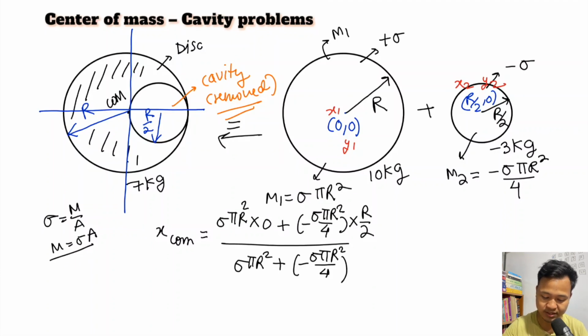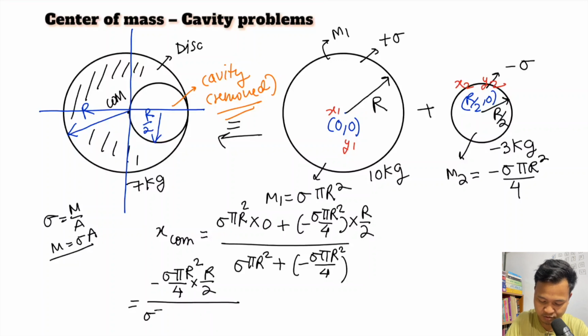So you solve this, what will you have? In the numerator I will have minus sigma pi r cube by 8, that is pi r square by 4 into r by 2. Divided by, I will take out sigma pi r square, so 1 minus 1 by 4. Sigma pi r square gets cancelled out.